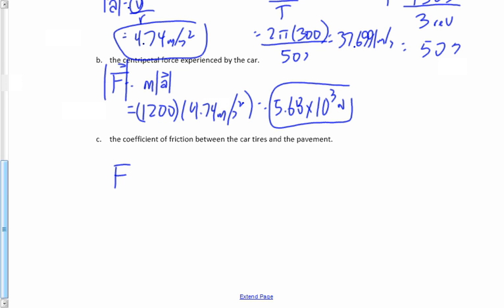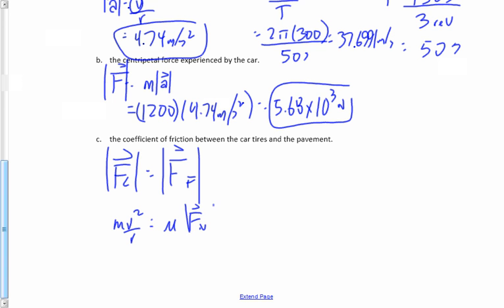We're going to set frictional force equal to the centripetal force, just like yesterday we set the force of gravity equal to the centripetal force. If there were two forces, then it would be Fc is equal to F1 plus F2. But there's not two, just one, friction. So we're going to say mv squared over r is equal to mu times the normal force.